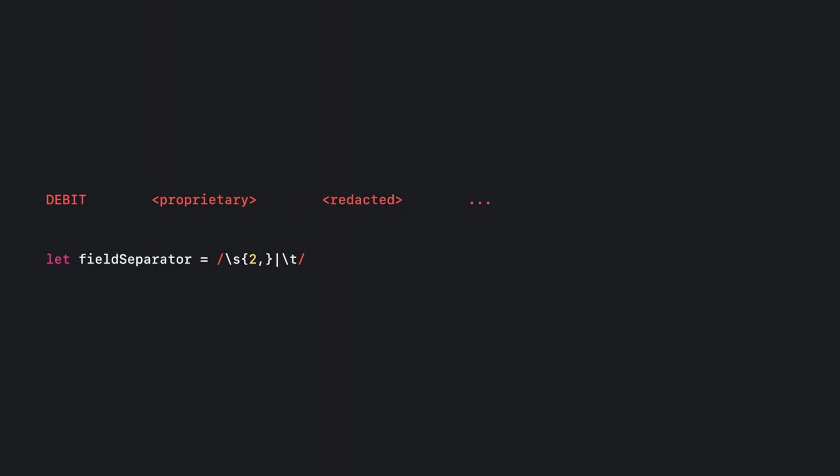When something later on in the transaction matcher fails, it can take a long time to exit. Our field separator regex we defined at the very beginning matches 2 or more white spaces or a tab, which is what we want. If there are 8 whitespace characters, it will match all of them before trying the rest of the regex.